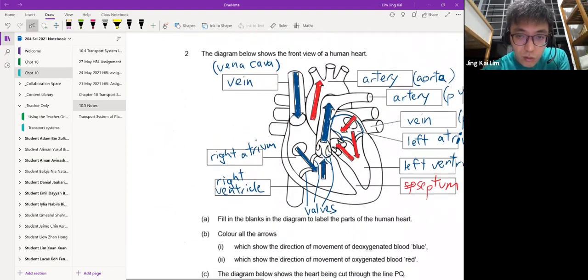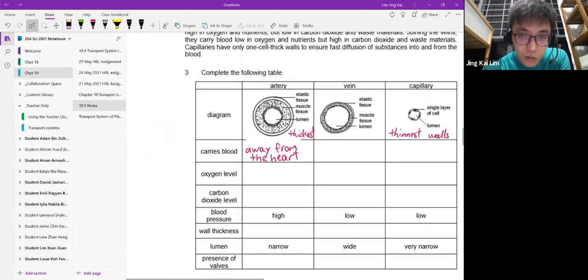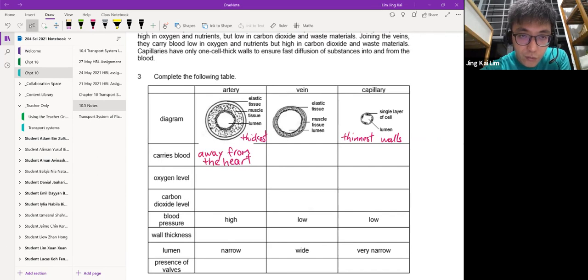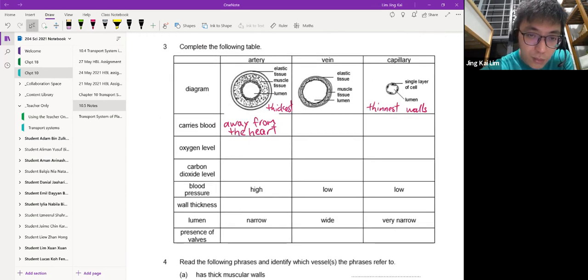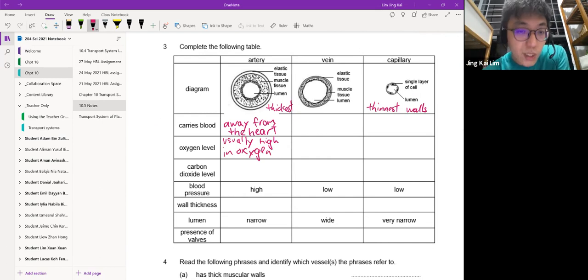So in terms of what oxygen level the blood has in this particular case, most of the time we would say that it usually carries blood that is high in oxygen. Like we said, it is usually high. Contrastingly, if oxygen is high, then the carbon dioxide is low. So usually low in carbon dioxide.